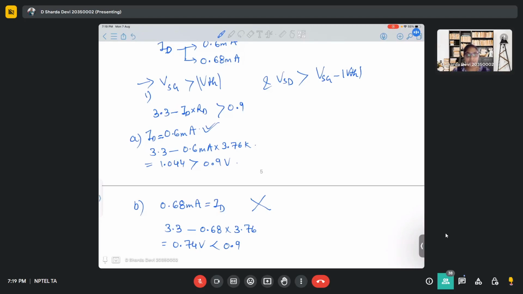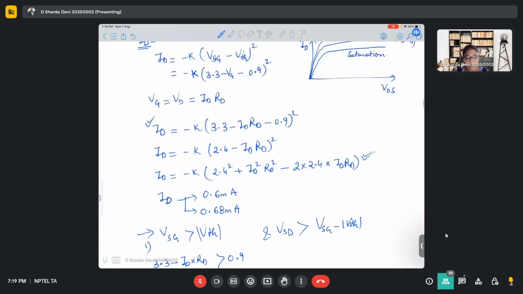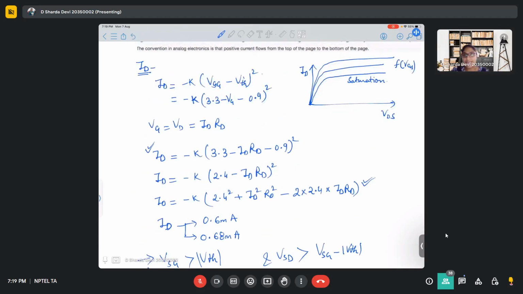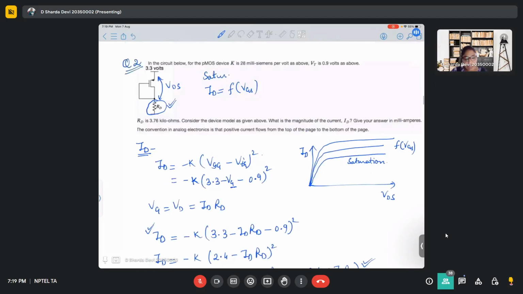Okay, since there are no questions, I will repeat the procedure once again, as requested. What we did was try to calculate ID. We already knew the ID expression, which was given in the last question. What was unknown was VG. From this circuit, we know that VG is equal to VD.